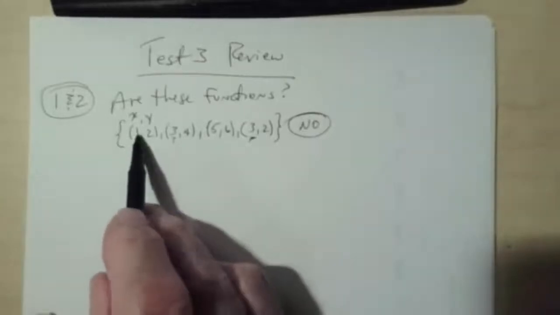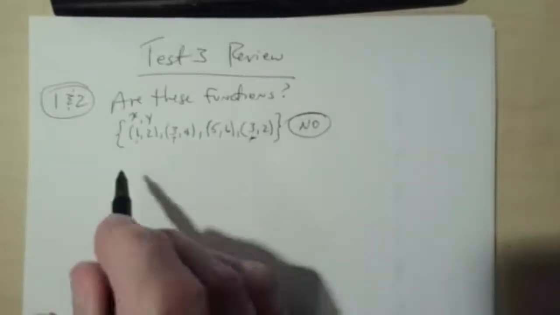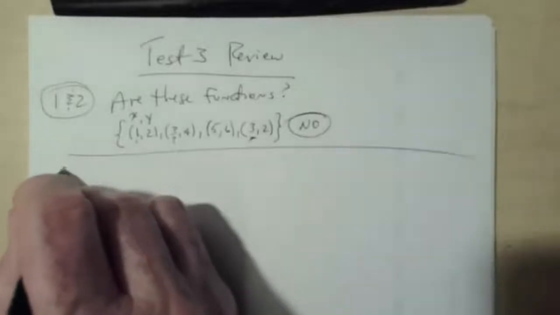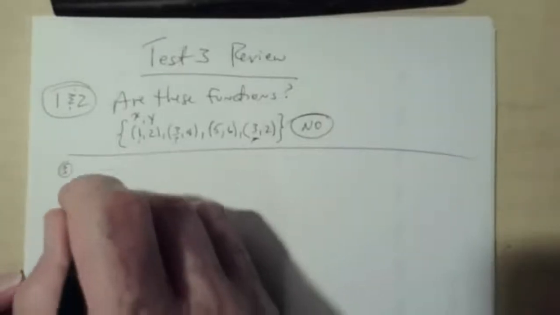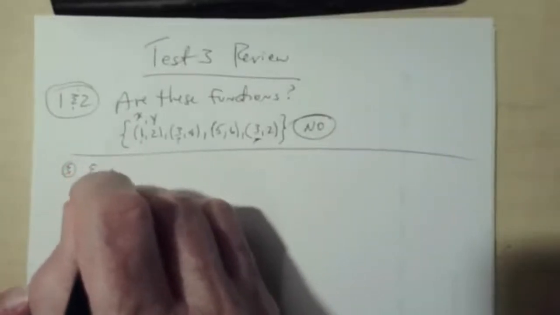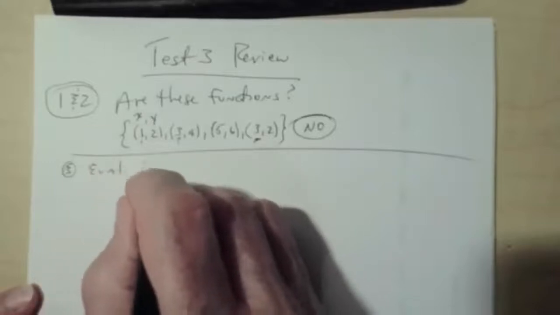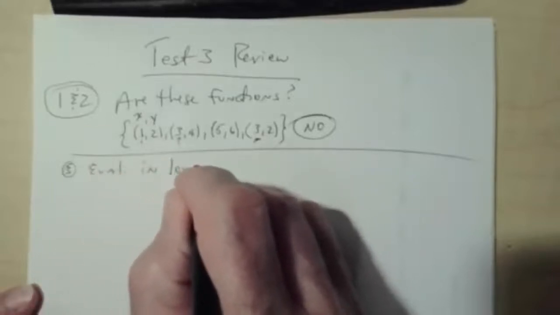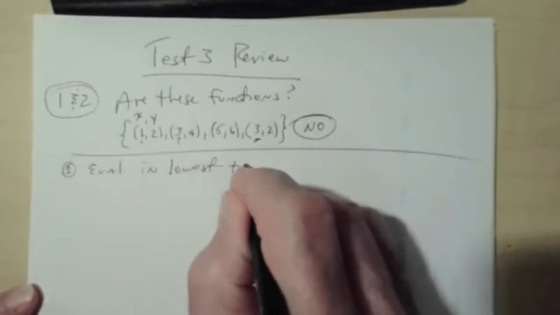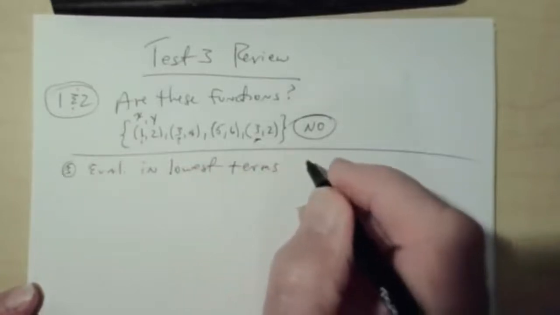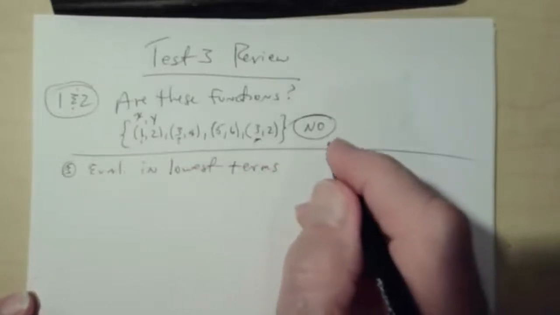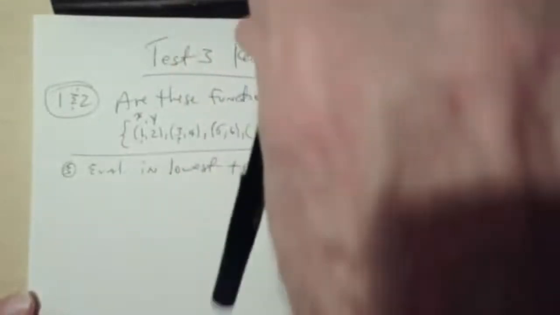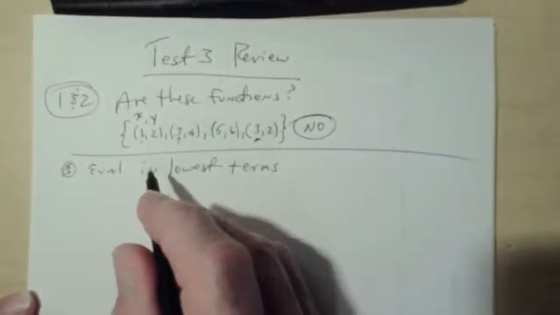Number 3, evaluating in lowest terms. Square root of negative 100.